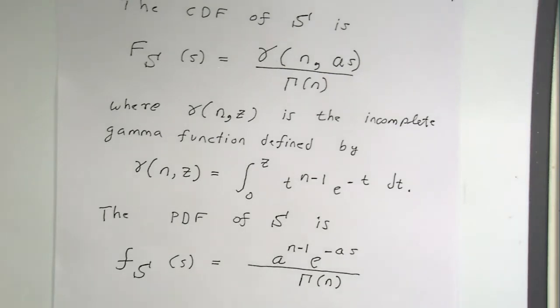I think this is correct. Does somebody have access to Wikipedia on the phone? Do you have the phone with you? Can you check the gamma distribution on the phone?